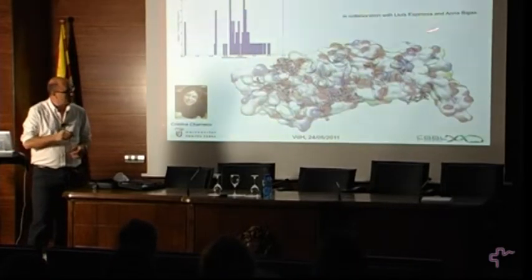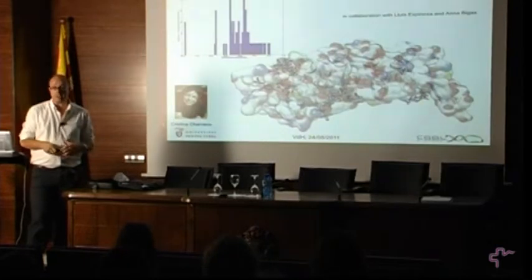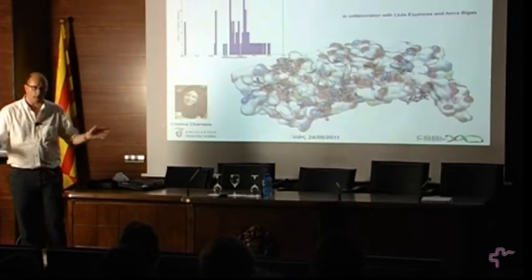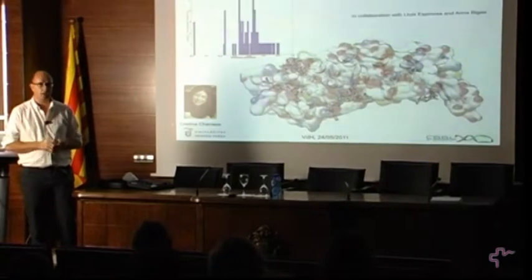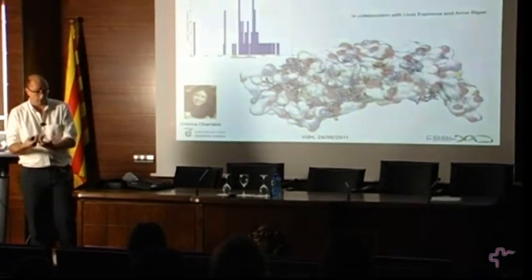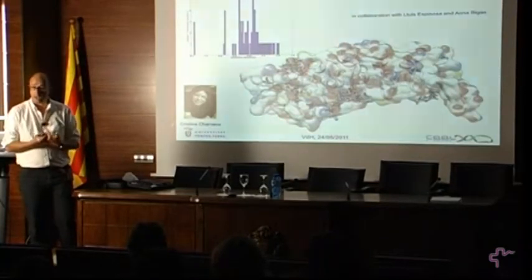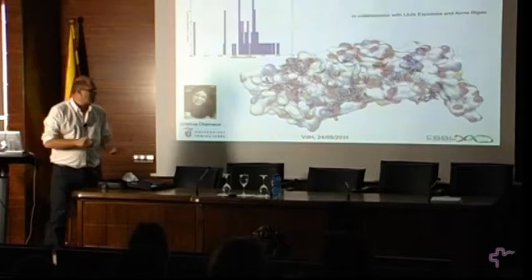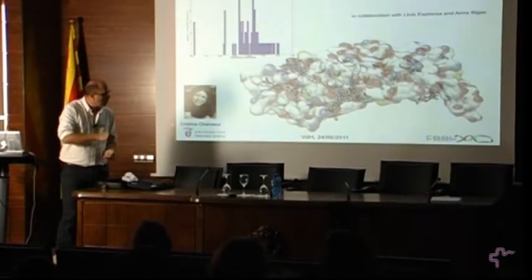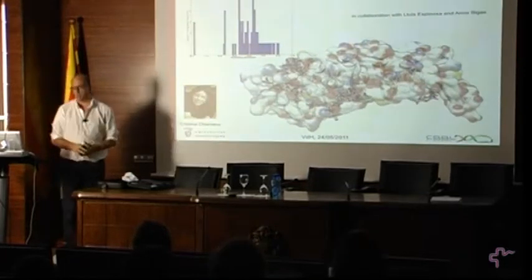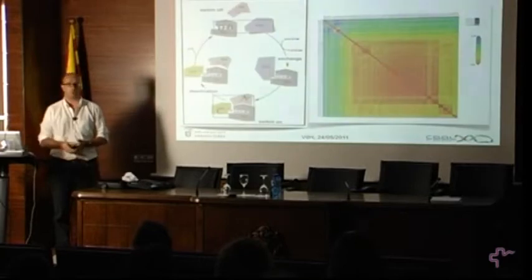Our collaborators, in this case Luis Espinosa and Ana Vigas, wanted to understand if that molecule has an interaction with another partner that you will allow me not to say. They are investigating that part experimentally right now, and we want to see computationally if that's the case or not. It's a very similar case. We have to model the rest of the protein, then do dockings, and after the dockings, run molecular dynamics simulations in order to see if this is stable or not. So this is a very typical procedure.